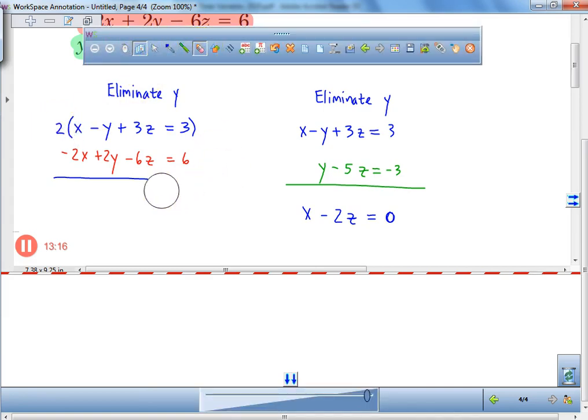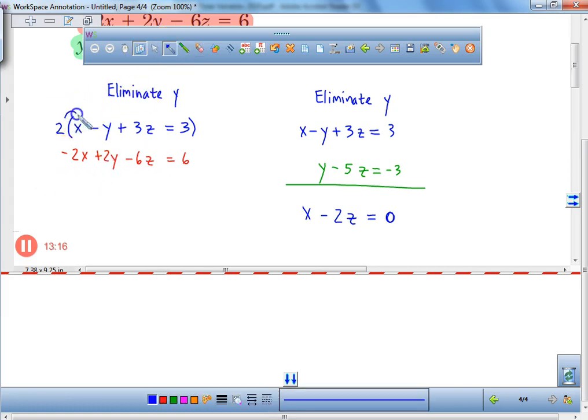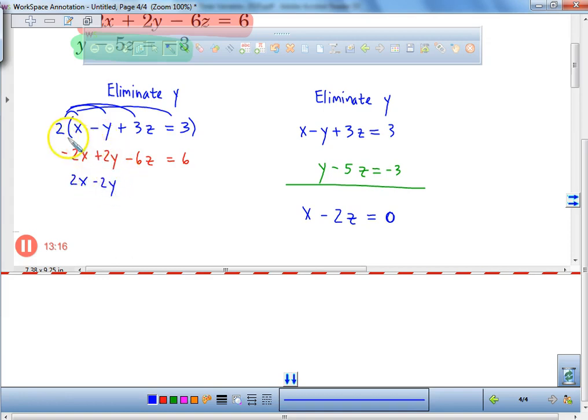Now, I'm going to erase my little line right here, and I'm going to distribute. 2 times x is 2x. And 2 times negative y is negative 2y. And 2 times 3 is 6z. And 2 times 3 is 6.